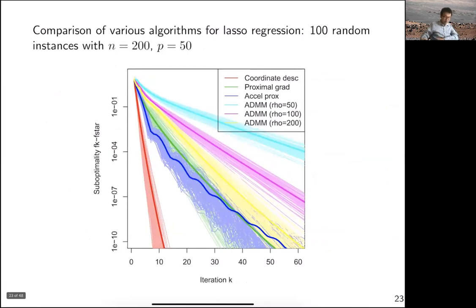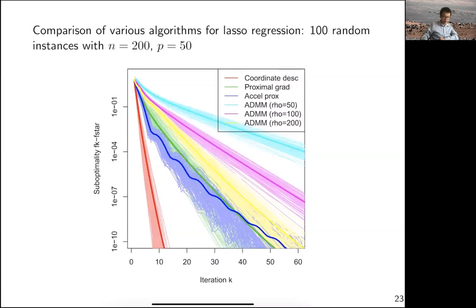In practice, there are so many lasso solvers that have been proposed. If we compare them numerically on a toy scale problem with n equal to 200 and the dimension equal to 50, then we see that the really fast Fortran implementation of coordinate descent is still the preferred choice.